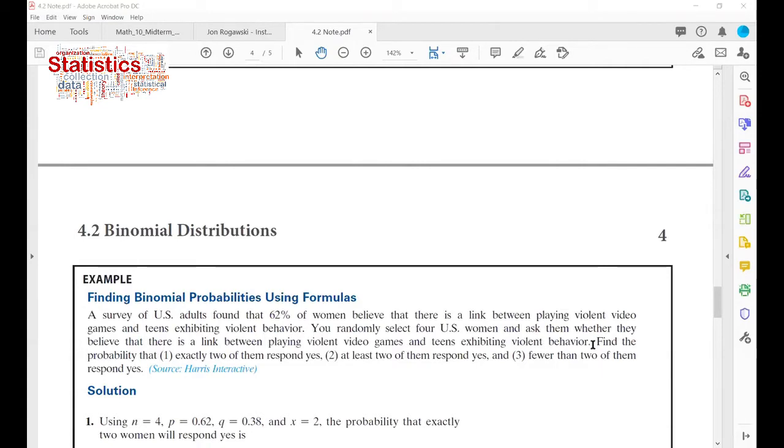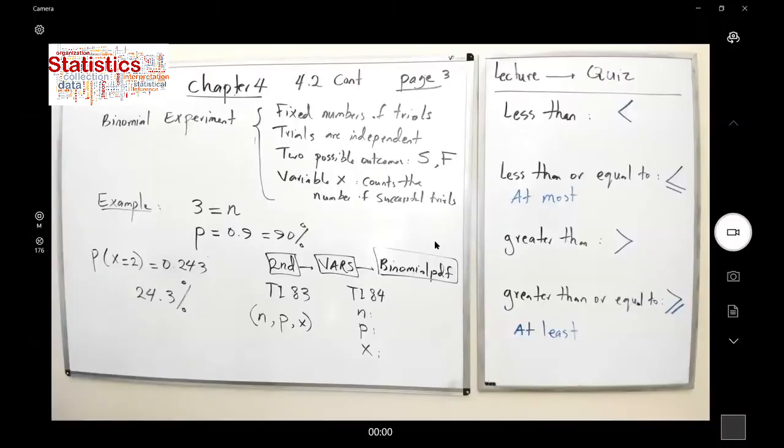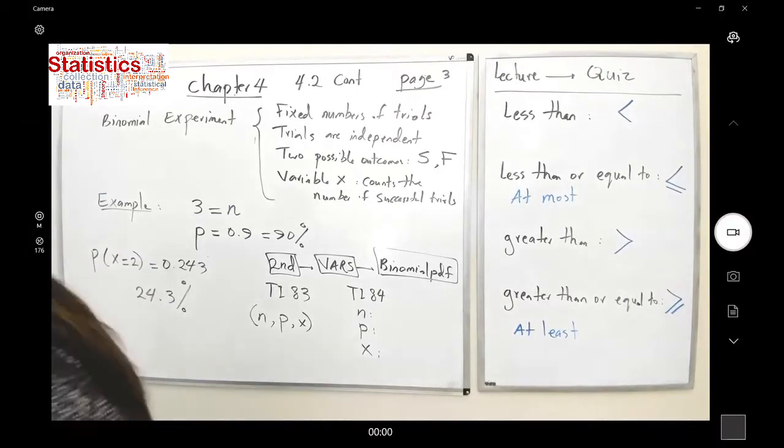Find the following probability. 1, exactly 2 of them respond yes. 2, at least 2 of them respond yes. 3, fewer than 2 of them respond yes. So let us specify these, write them down on the board, the information that we gathered here.